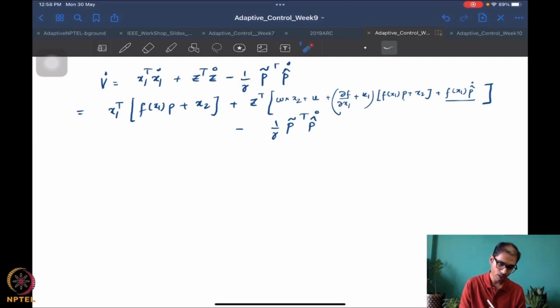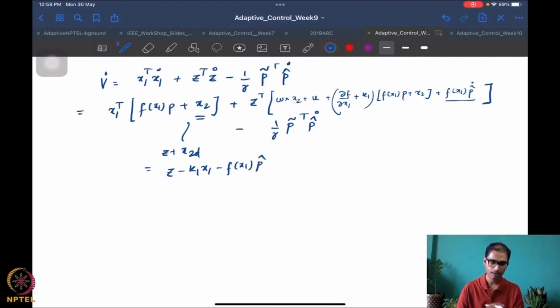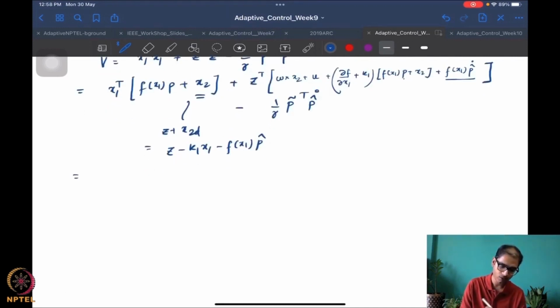This is actually going to turn out to be x1 transpose z minus k1 norm x1 squared plus x1 transpose f x1 p tilde. So once I substitute this here, this is what I will get from the first term.